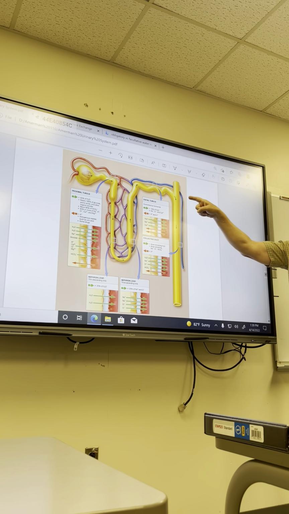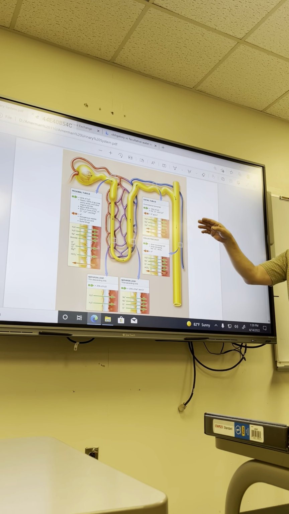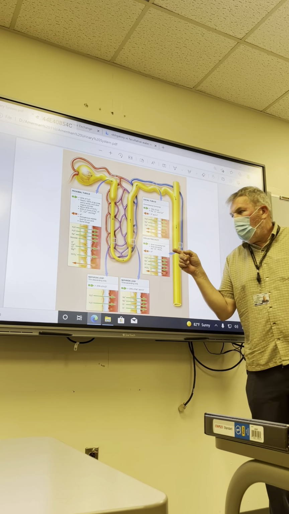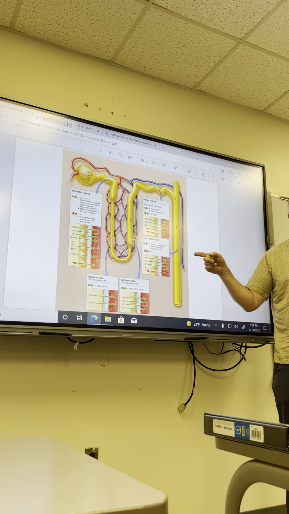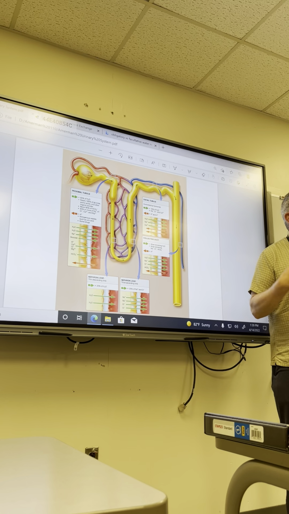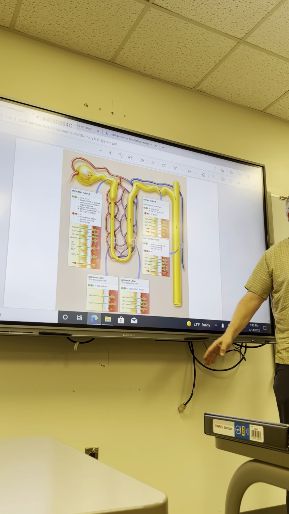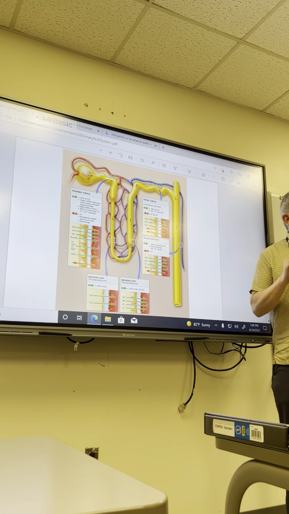So as the filtrate passes through this collecting duct here, in the presence of ADH, with all these pumps here, we're going to be pulling out what from it? Pure water. There are no solids that can get through. We're just pulling out pure water. ADH allows for the removal of pure water. And in that case here, you would be producing a very small volume of a very concentrated urine.